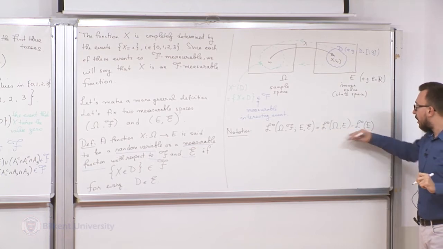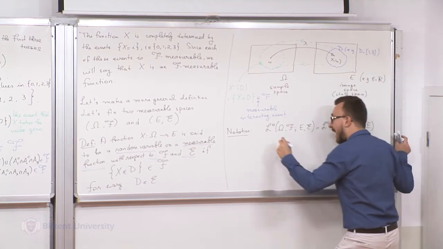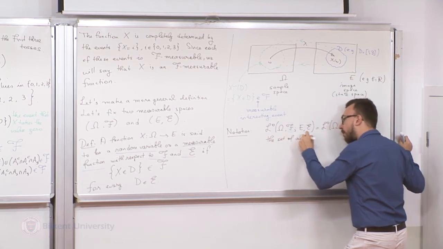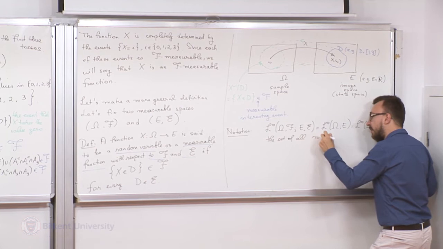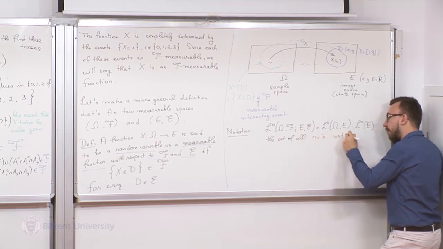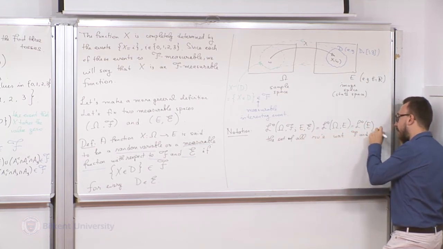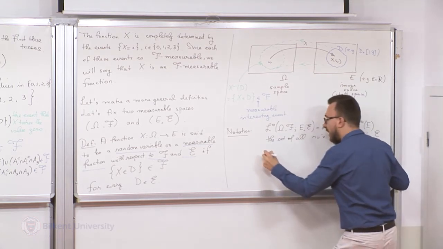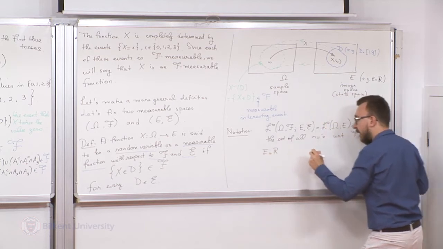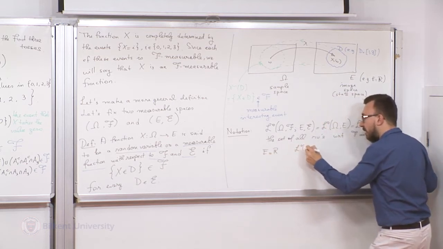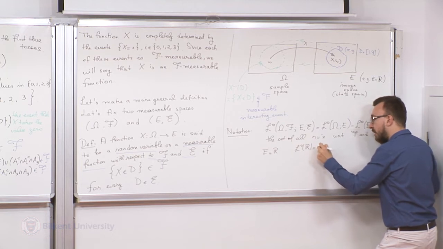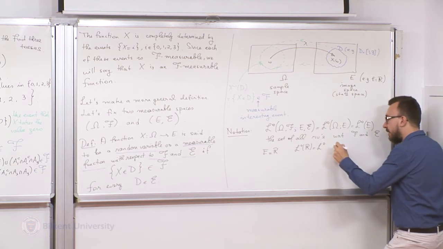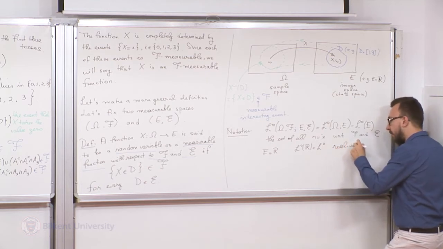So you can use any of those notations to denote the set of all random variables with respect to F and script E. And when E is the real line, L0 of R is just denoted as L0. So when you just write L0, it is the set of real valued random variables.